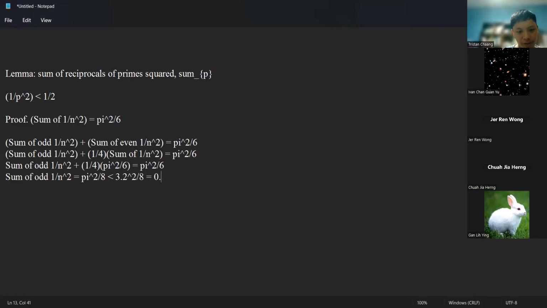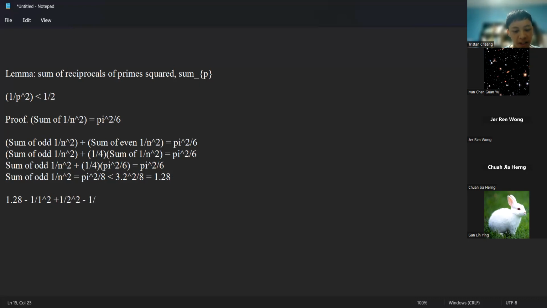What's that? 1024 over 8 is about 1.28. And you want to reduce it to 0.5. So 1.28 minus 1 over 1 squared, and remember to add back the 1 over 2 squared because that's prime as well.